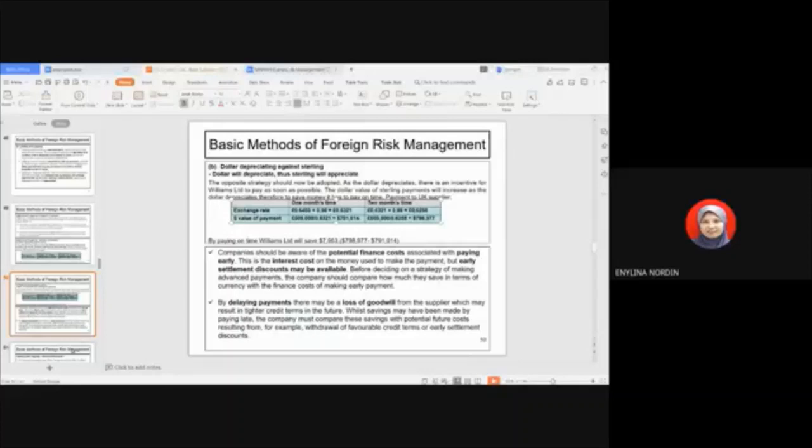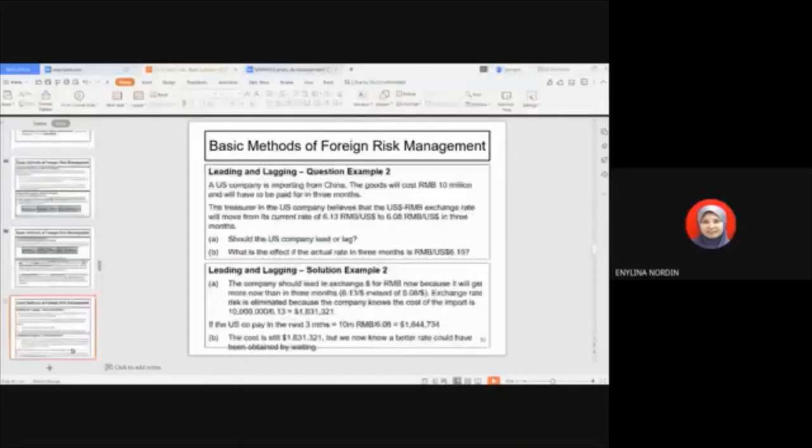All right. So this is another example of leading and lagging to test our understanding. Let's say in this example, again, a US company is importing from China, and the goods from China cost the US company 10 million renminbi, that is RMB, the China currency, which is due in 3 months' time.